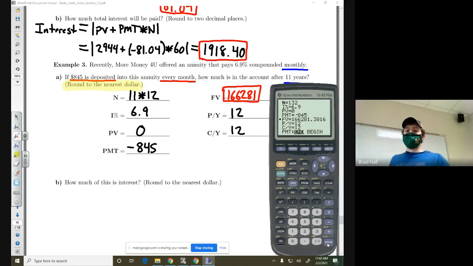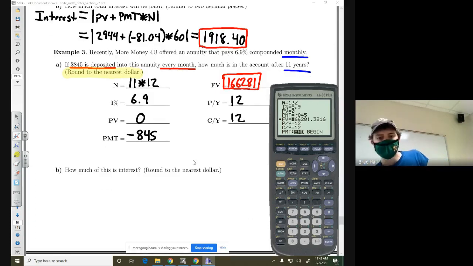This is provided you can dedicate $845 of your paycheck each month, which, times are tight enough as it is. But just thinking about it pragmatically. So that's part A. It's a future value rounded to the nearest dollar.